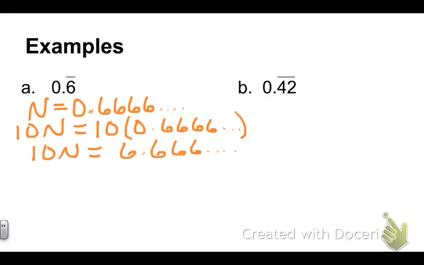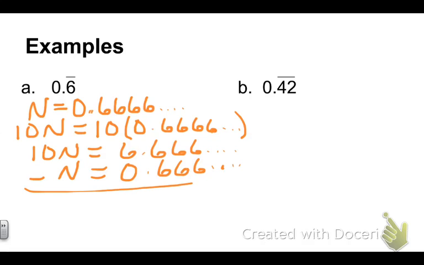Now I need to subtract n from 10n to eliminate the repeating part. So I'm going to subtract n. And n is 0.666 repeating. That's going to leave me with 9n, and this is just going to be 6.